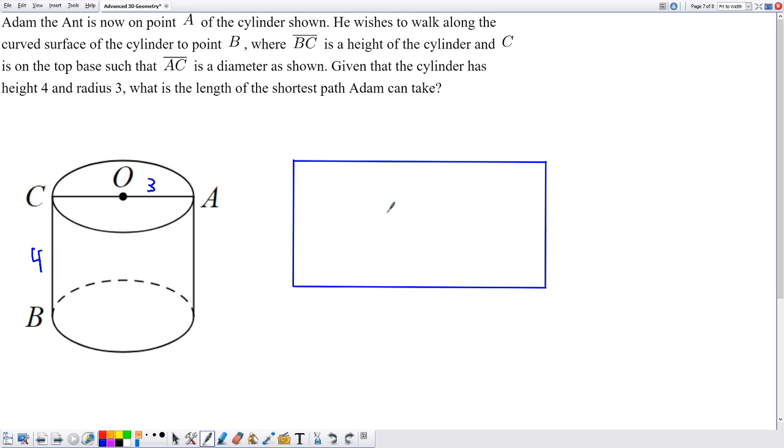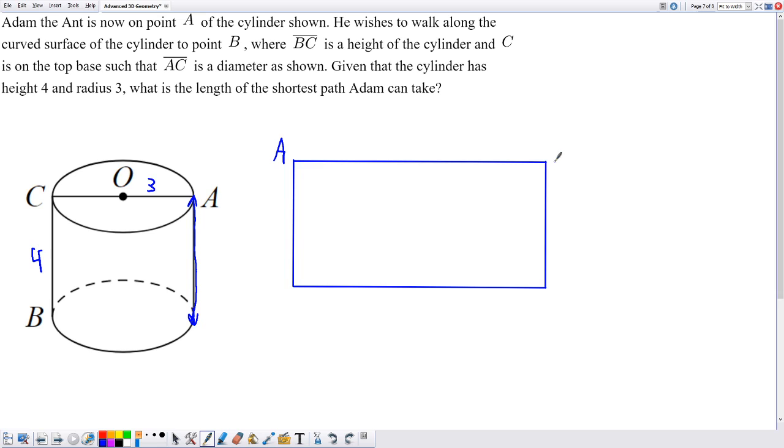Now, since we are cutting along this side here, we can imagine one of these corners is A. Now, unraveling it, what would this opposite end be? Well, it would go around and reach A again, because the length of this rectangle is the circumference of the circle.